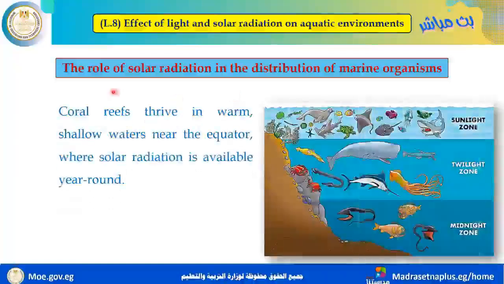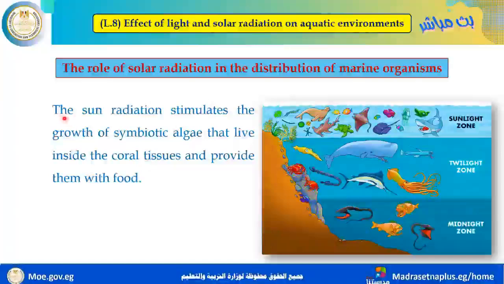Also, coral reefs thrive in the warm, shallow waters near the equator where solar radiation is available year-round. So the coral reefs, we can find them in the first layer, the sunlit zone. Why? Because they need warmth and also sunlight.